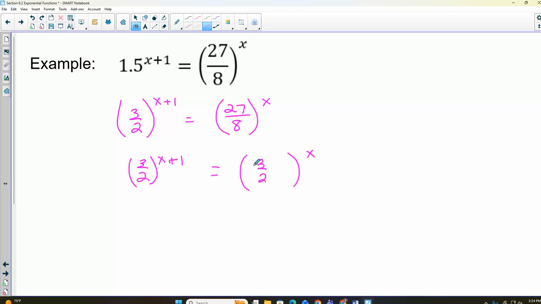That's like 3/2 cubed. 3 cubed is 27, 2 cubed is 8. So 3/2 to the x plus 1 equals 3/2, power to a power, we multiply those, so to the 3x.